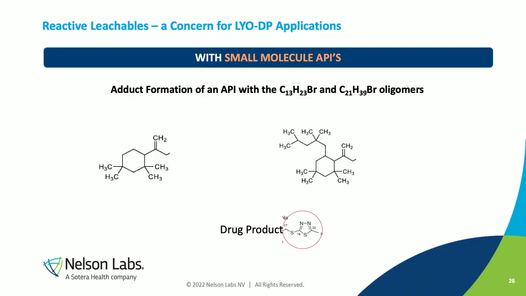On this slide, we have an example of a reaction between the halogenated or brominated rubber oligomer with the degradation product of an API. Here a covalent bond is formed between the sulfonyl function and the rubber oligomer moiety.